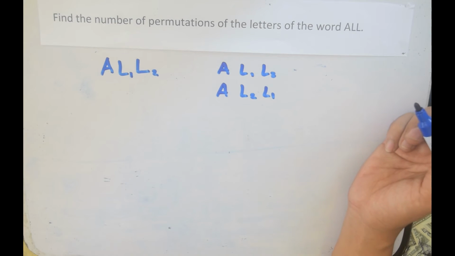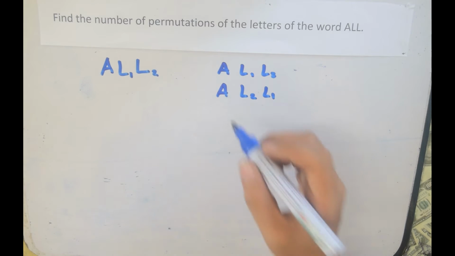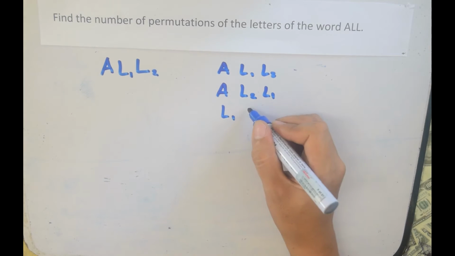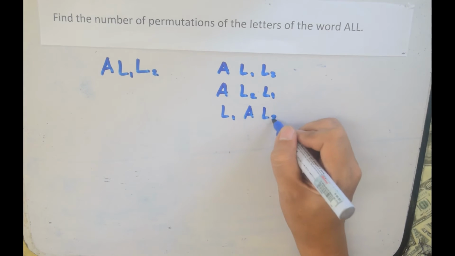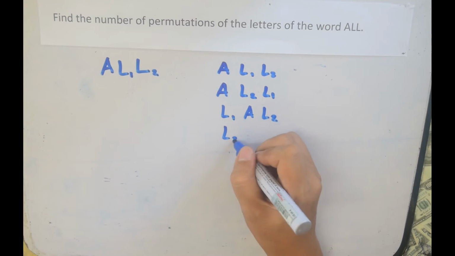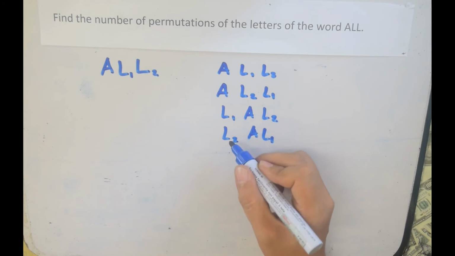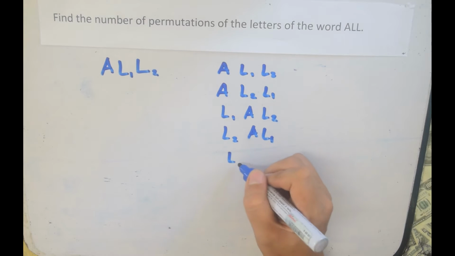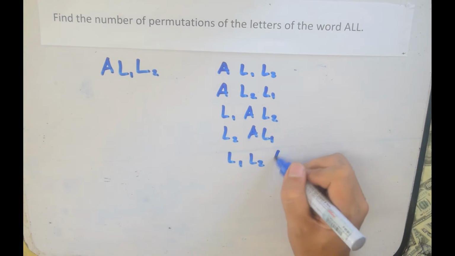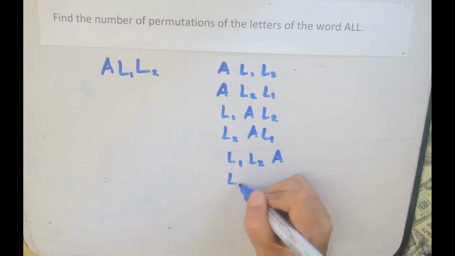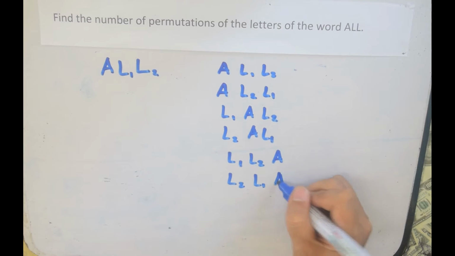That is an arrangement. We have also here L sub 1, A, L sub 2, or you can say L sub 2, A, L sub 1. Or we have here L sub 1, L sub 2, A, or we have L sub 2, L sub 1, A.